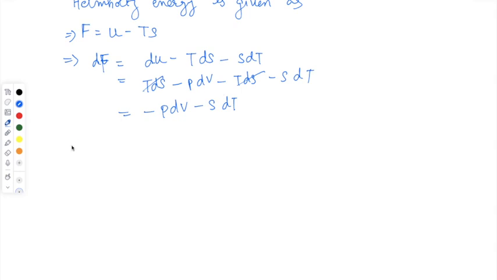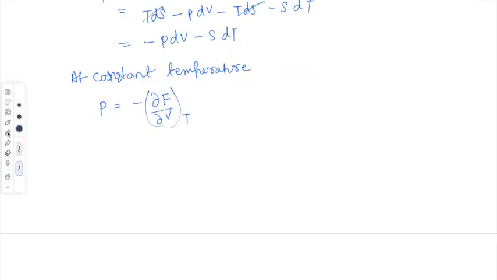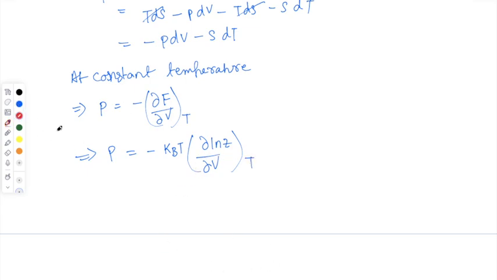Now at constant temperature we have P equals minus del F by del V at constant T, and so we can write P as kB T del ln Z by del V at constant temperature. So this is another important relation.